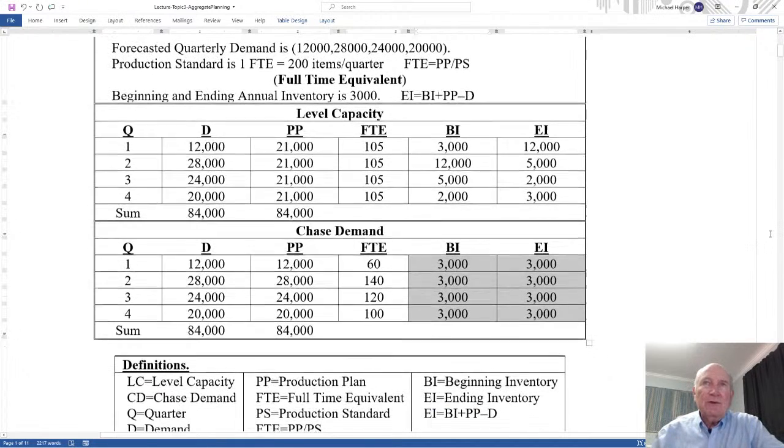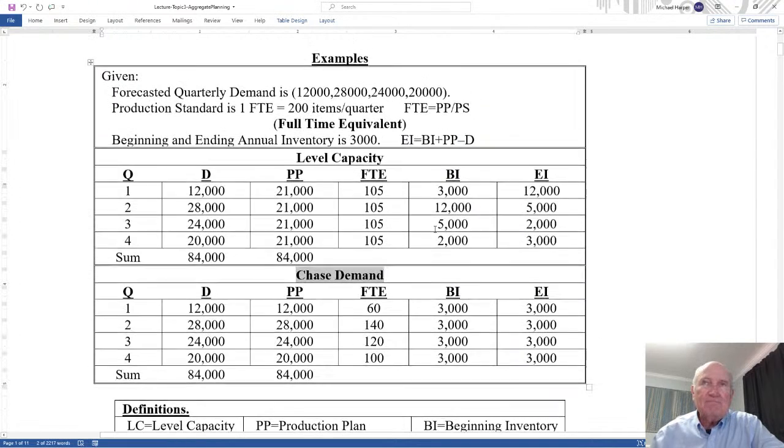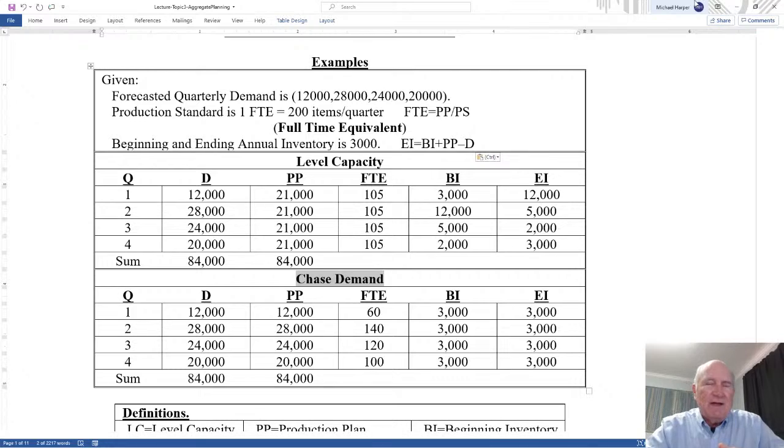Now, those are the level capacity and chase demand, the different strategies. But there's also a very important characteristic and principle and takeaway from this graph, one of the most important takeaways from aggregate planning. And we'll use this over and over again in aggregate planning strategies and actually building aggregate plans and production plans.